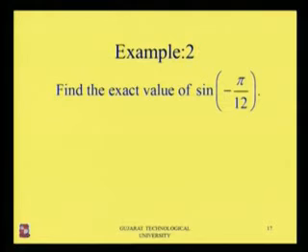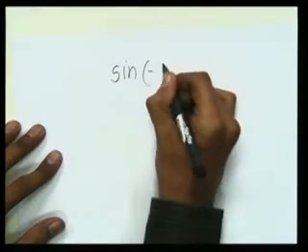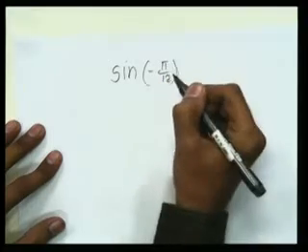Now second example. Find the exact value of sine of minus pi by 12. Let us discuss this example on the table. We want to find the value of sine of minus pi by 12.